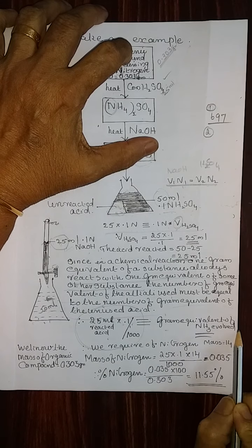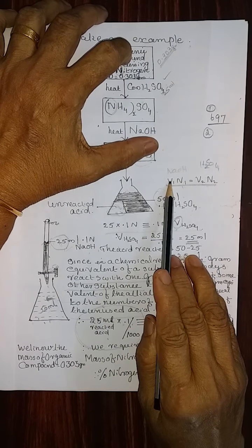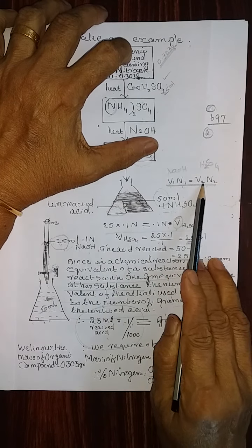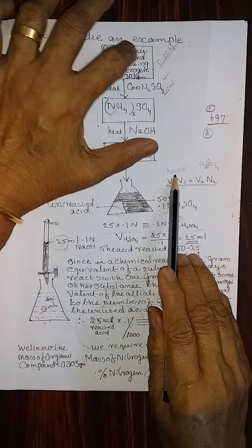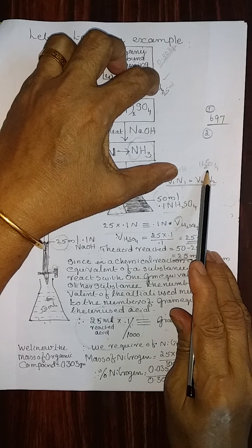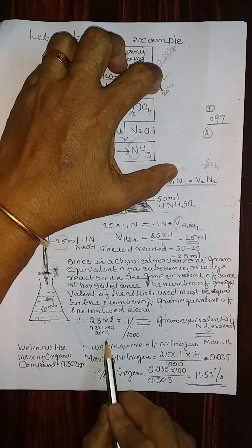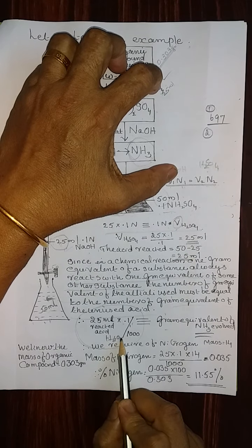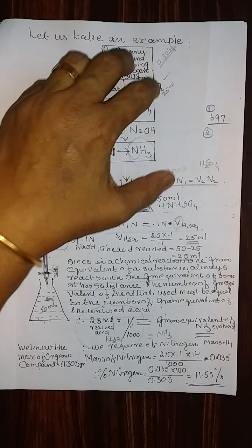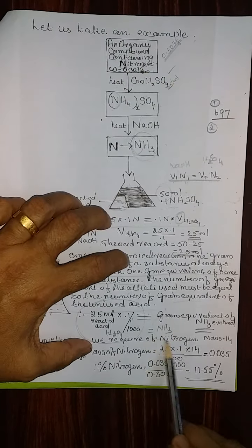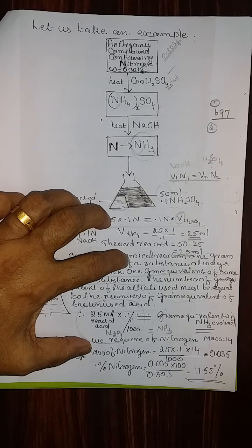Therefore, that is the comparison. As we studied here, V1 N1 is equal to V2 N2. We are applying the same principle. Here we used sodium hydroxide and sulfuric acid, but here we are using sulfuric acid and ammonia. That is the difference. Regarding ammonia, we don't know any values.